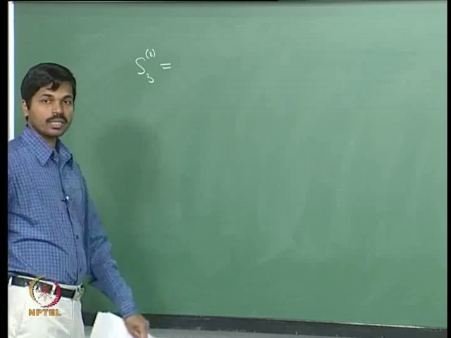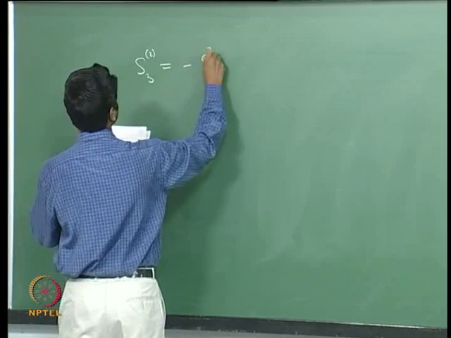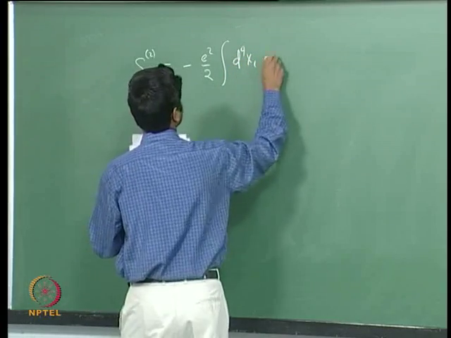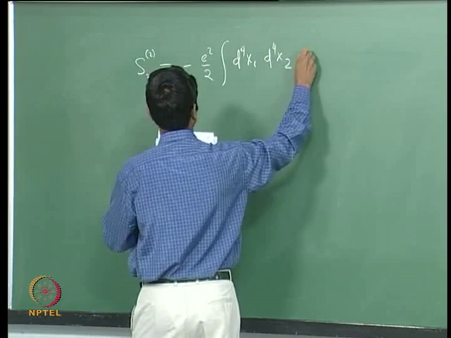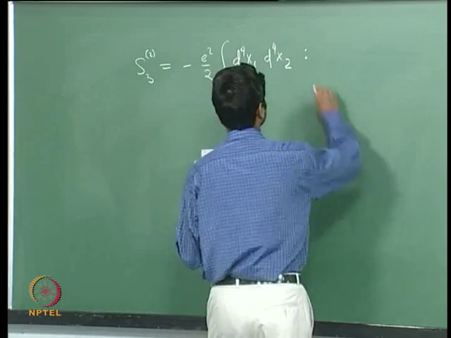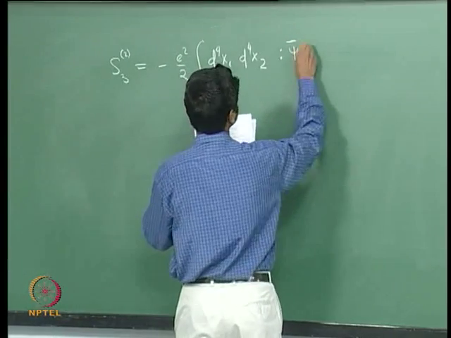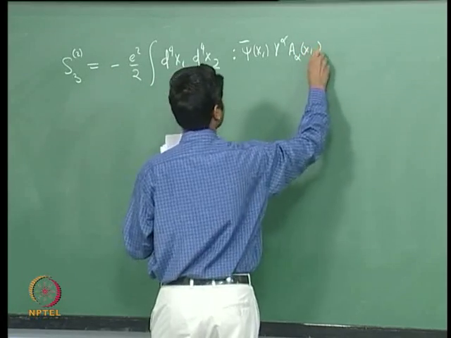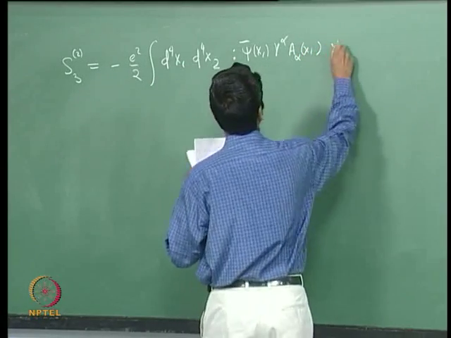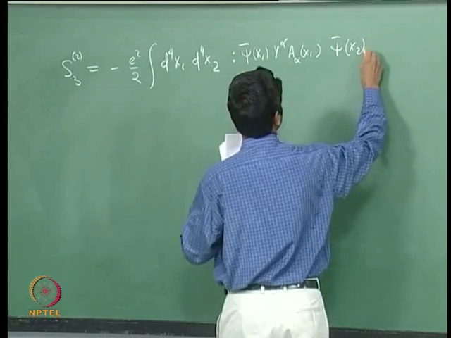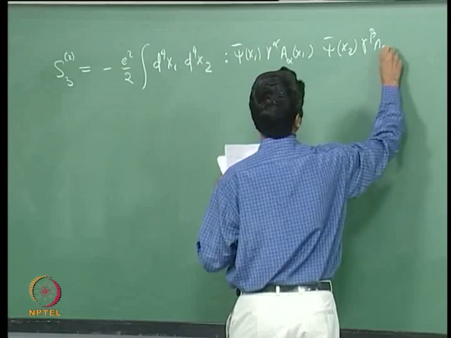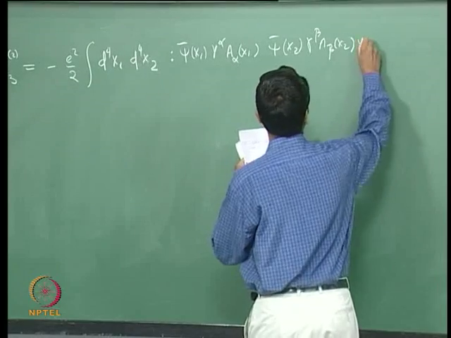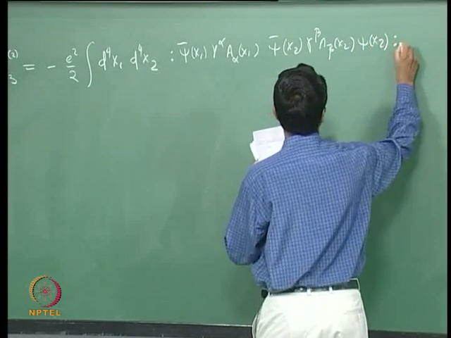This is given by minus e square over 2 d4 x1 d4 x2, normal ordered product of psi bar of x1 gamma alpha A alpha of x1, psi bar of x2 gamma beta A beta of x2, psi of x2, with normal ordering.